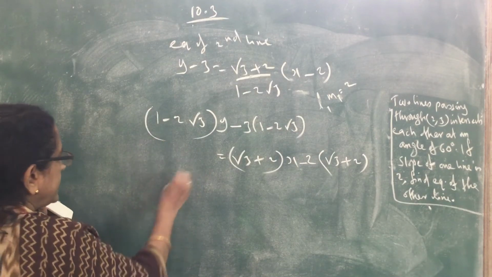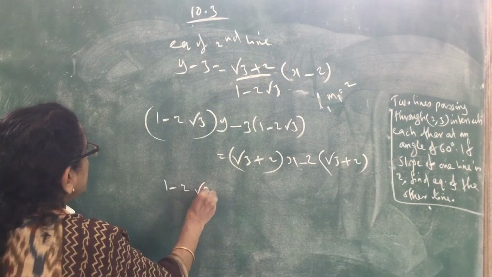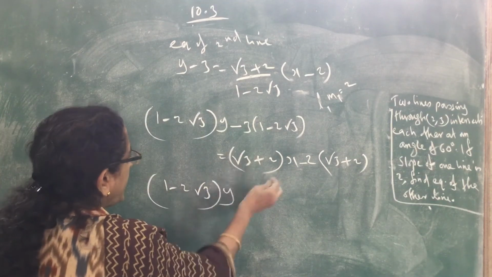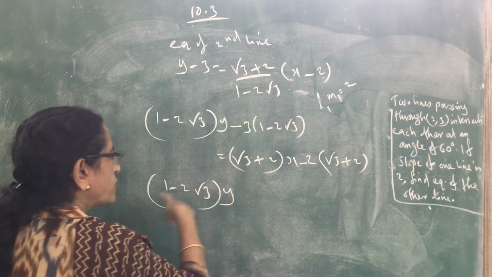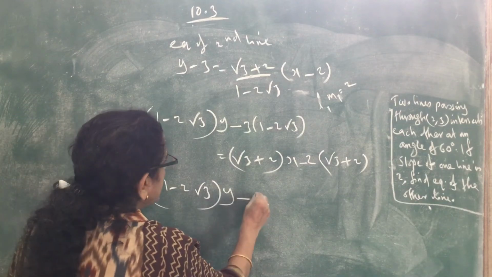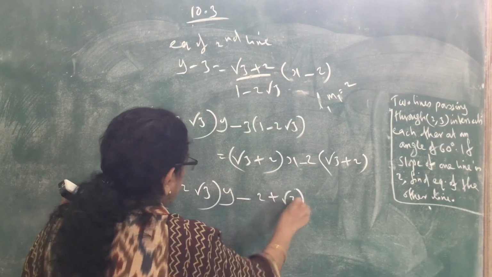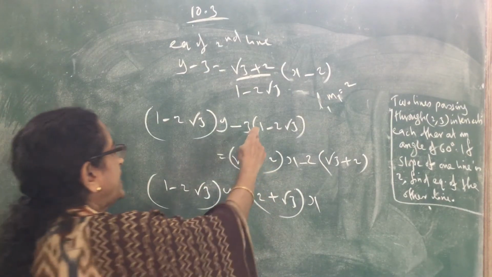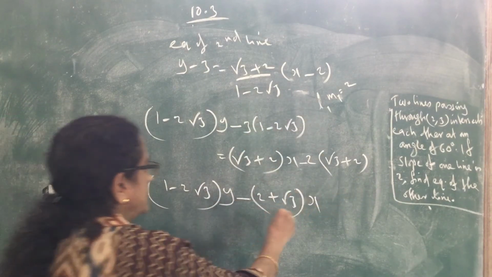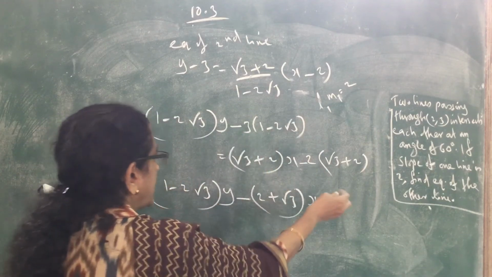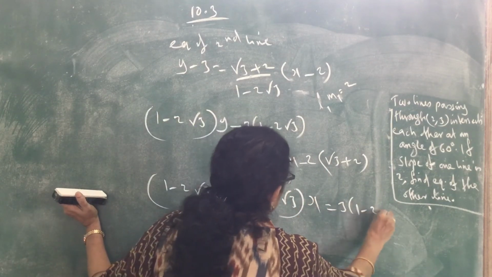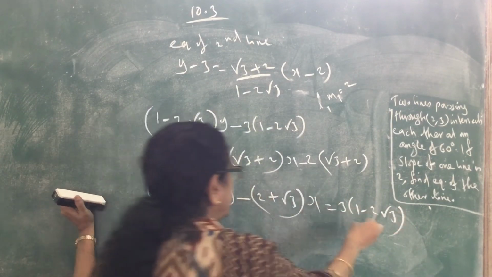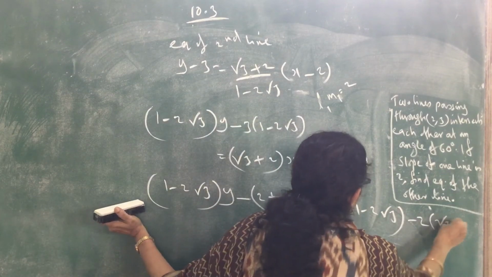So we write here (1 minus 2 root 3) into y, then we take the x term to the left side, so it becomes minus (2 plus root 3) into x, and we can take the constant term to the right side. So that equals 3 into (1 minus 2 root 3) minus 2 into (root 3 plus 2).